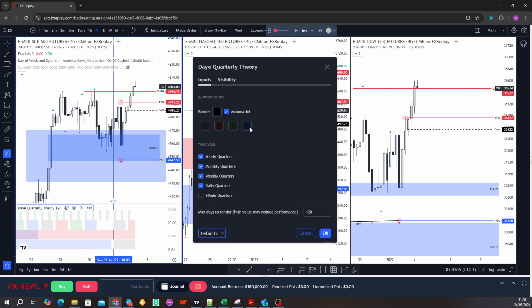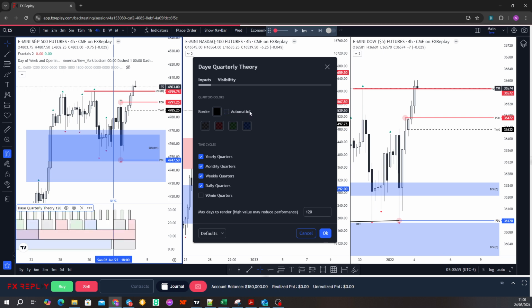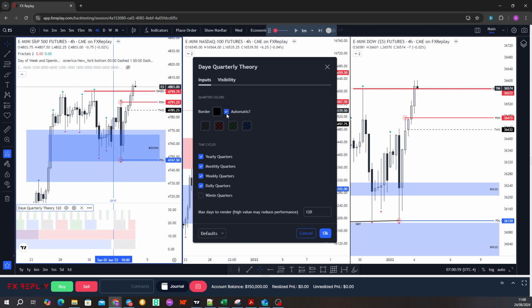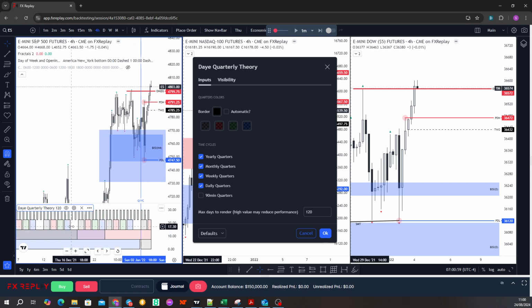That's better, but automatic looks pretty.